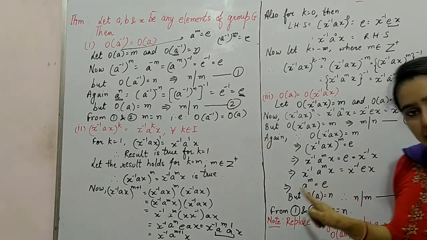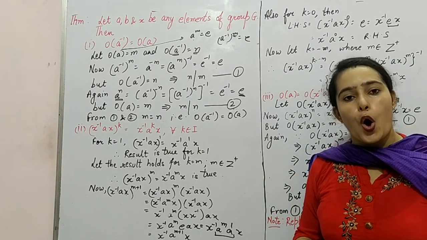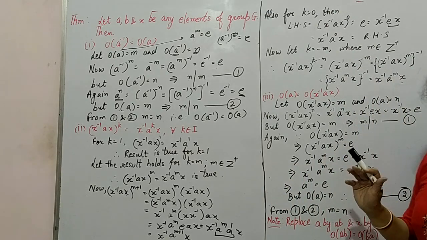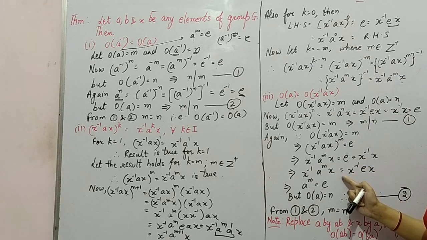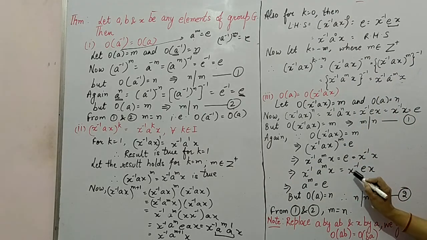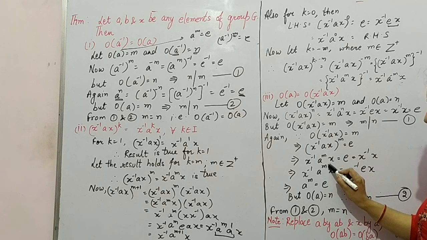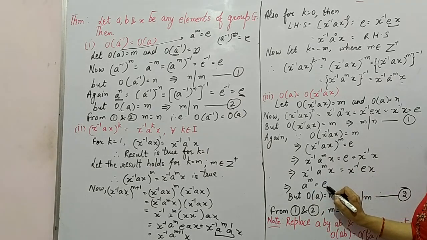As we have already studied, left cancellation law as well as right cancellation law holds in groups. Now you can apply these cancellation laws here. Cancelling x inverse from the left side and cancelling x from the right side, that is left cancellation law and right cancellation law, you will get A raised to the power m is equal to identity. That is A^m is equal to identity.